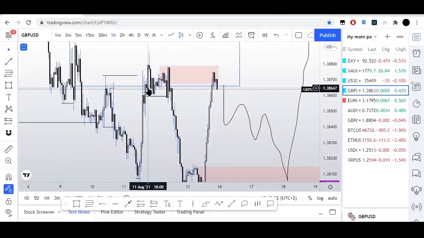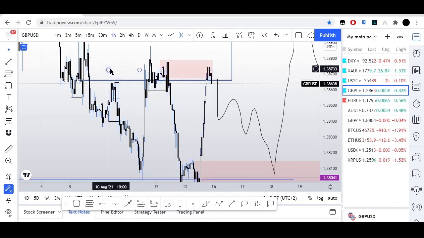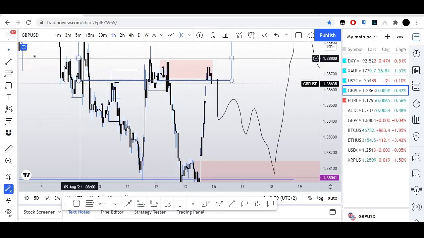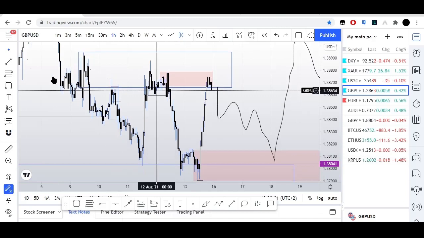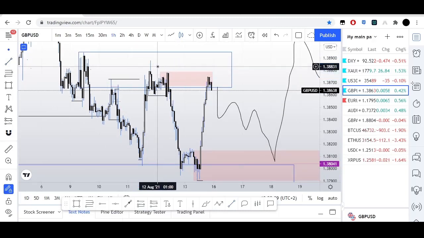It's not the best, it's not the most probable to sell at, but it's still an area to sell at because we took out liquidity right here. Now you kind of have this low resistance liquidity, but it's a high resistance high at the same time. I don't know if that makes sense.